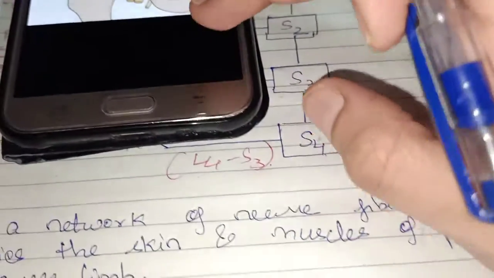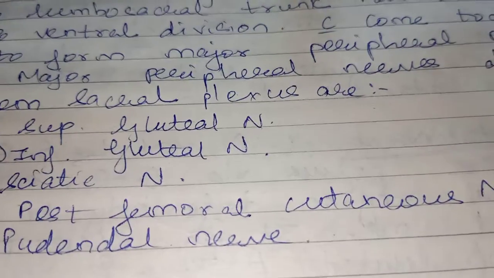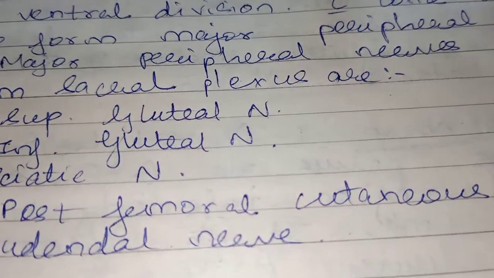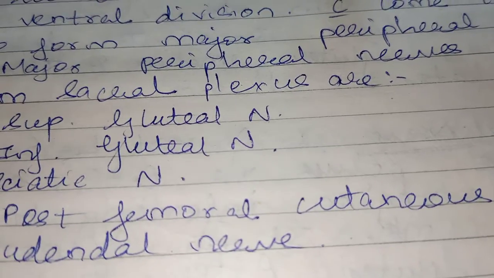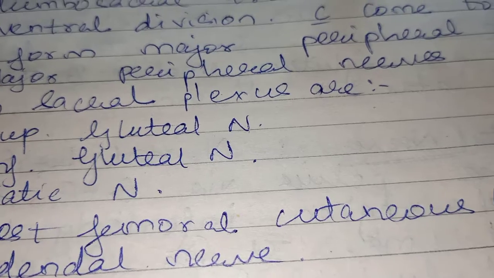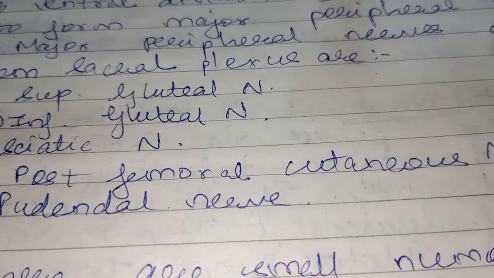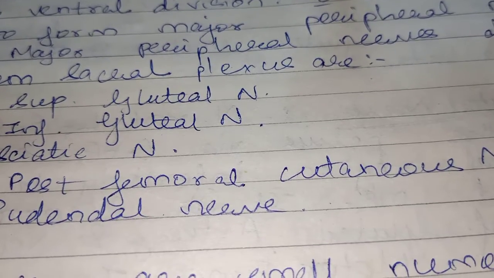Clear? So these are the nerves and others are posterior femoral cutaneous, and the pudendal nerve.